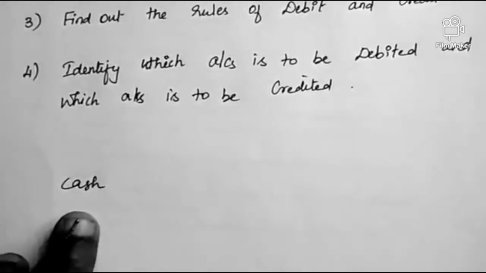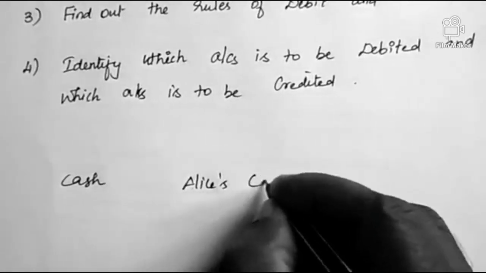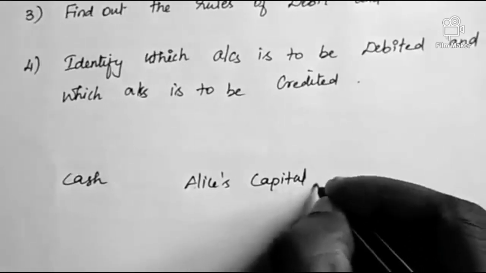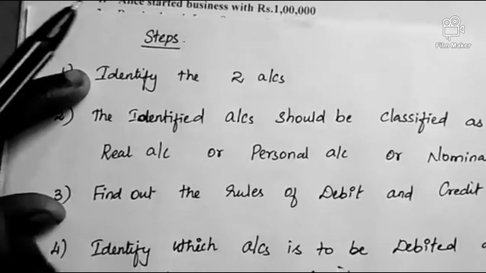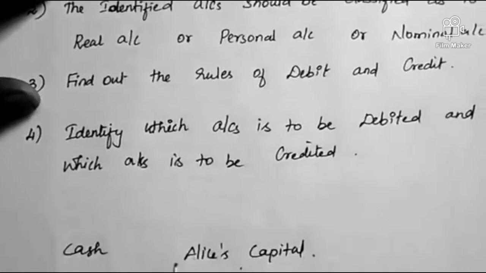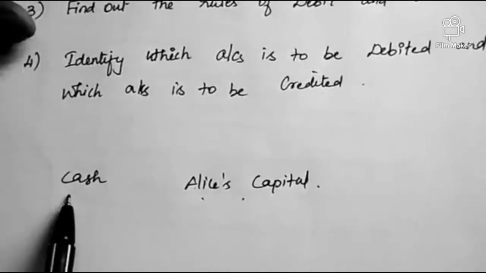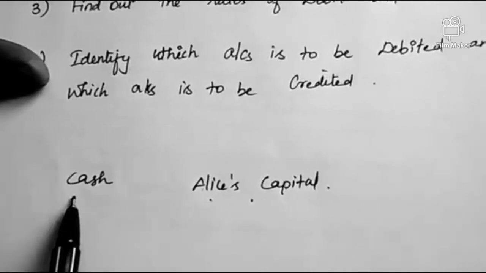Whose capital? Alice capital. In this transaction, 2 accounts are involved: Alice capital and cash. Alice invested the amount as capital in the form of cash.